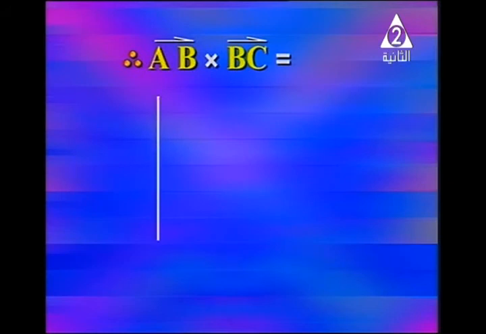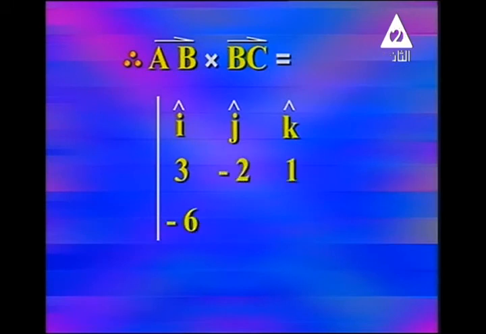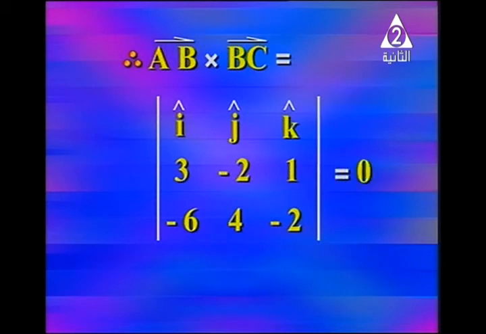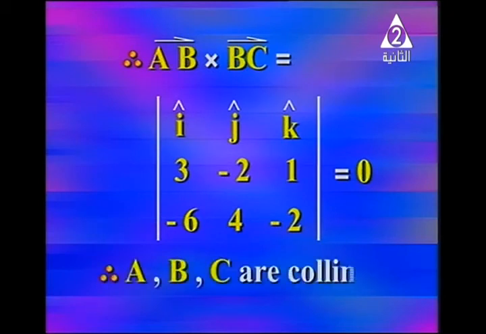By using the determinant with i, j, k in the first row, AB vector components (3, -2, 1), BC vector components (-6, 4, -2), equals 0. Then A, B, C are collinear.